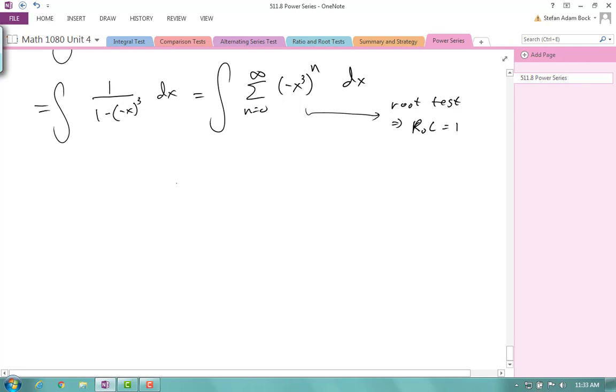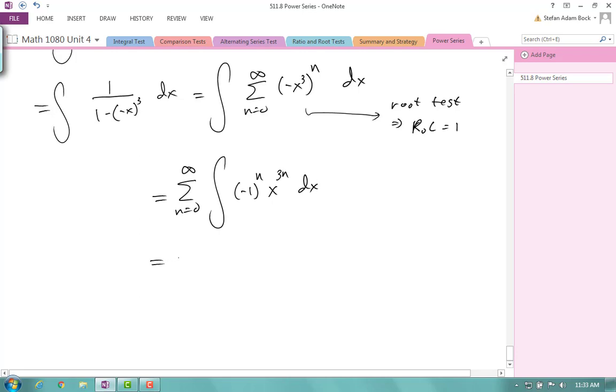But I can do this integral anyway. This is going to be the sum from n equals 0 to infinity. The integral basically moves in, and all I have to do for this guy is the power series. So why don't I rewrite it so it's a little more obvious first. For the integral, this negative x cubed to the n looks like negative 1 to the n times x to the 3n dx.